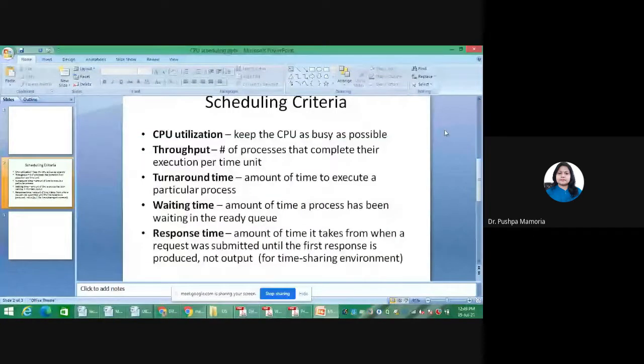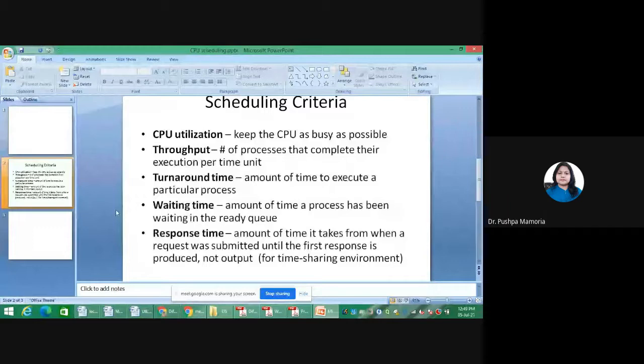Clear? So here are the main criteria used for comparing the CPU scheduling algorithms.